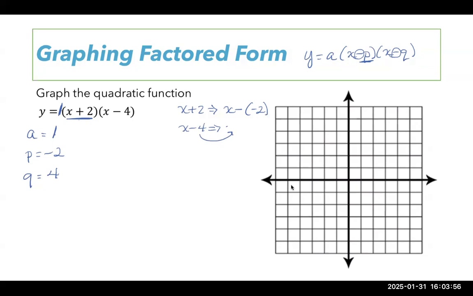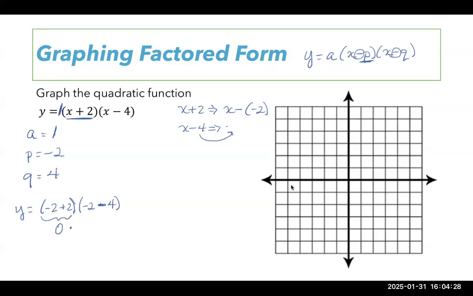Now, in factored form, what that means is if I take my function and I substitute -2, sorry, the -2 in there also. So I substitute the -2 in for x. Here, my factor becomes 0.